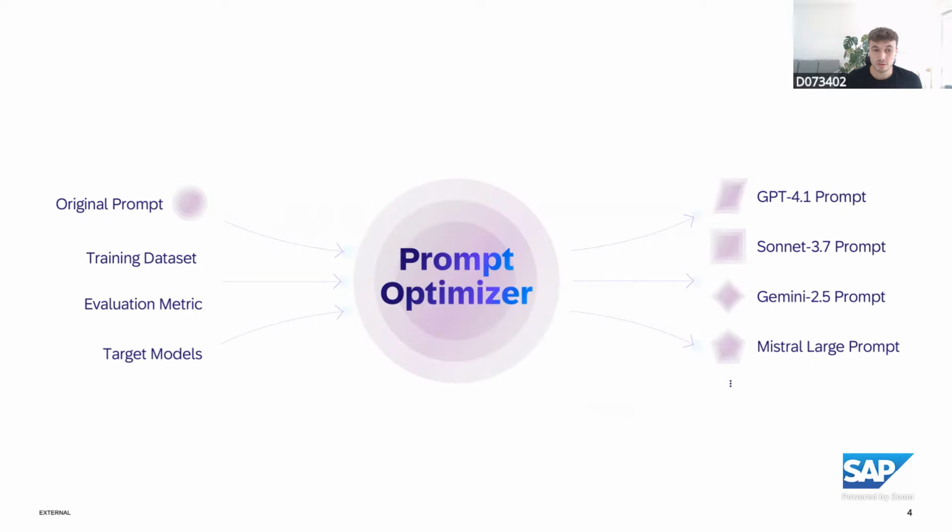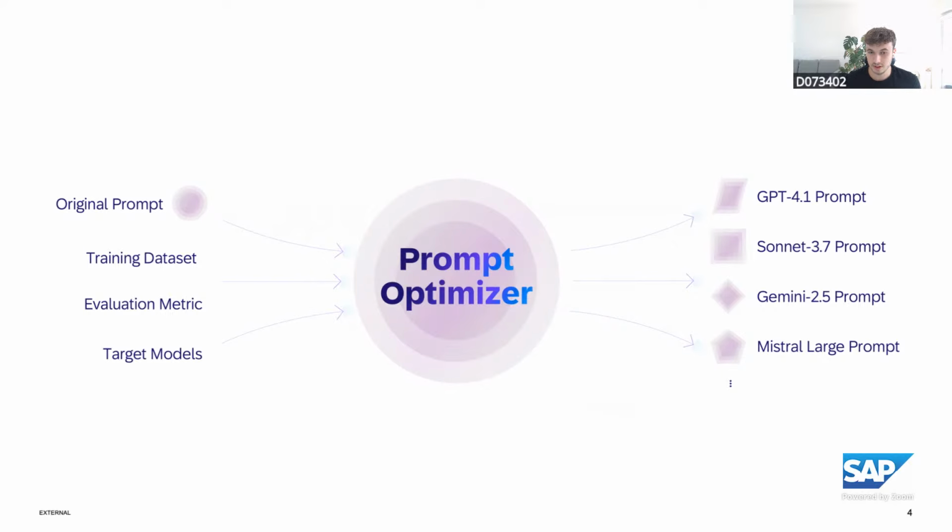Then you also provide a training data set and an evaluation metric, as well as a list of target models. Our prompt optimizer will then optimize your original prompt for every selected target model so that you end up with one optimized prompt for every model. All this optimization is taken care of in an automated process, so you don't need the manual effort that was needed before, and you save a lot of time and also costs.